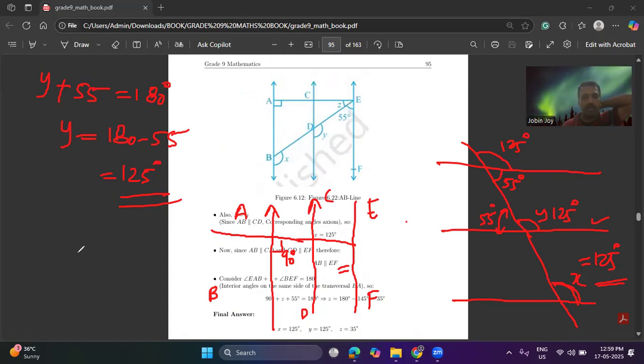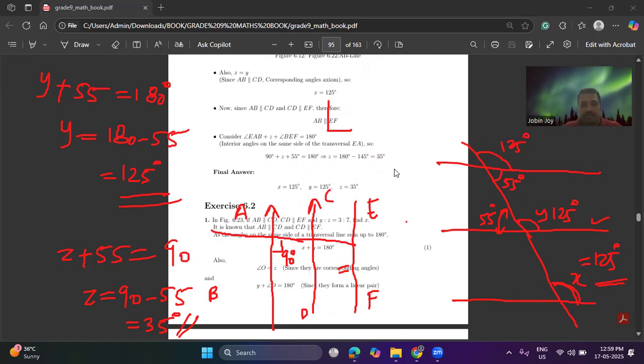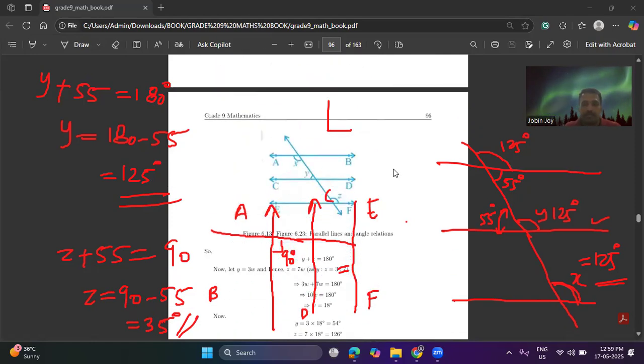You can write z plus 55 is equal to 90 degrees because this is a right angle. So z is equal to 90 minus 55, which is 35 degrees. The value of z is 35 degrees.